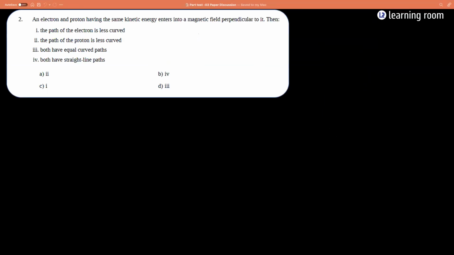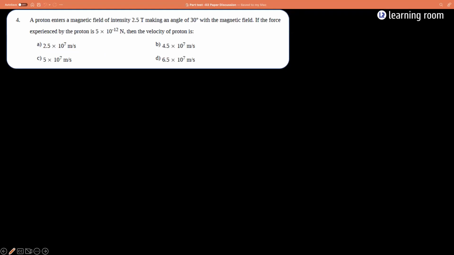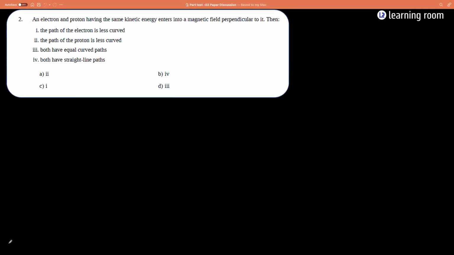Next. Electron and proton have the same kinetic energy and enter into a magnetic field perpendicularly. Then the path of the electron is... So R is equal to what? With the same kinetic energy, I already gave you the formula. R is equal to root of 2m into K divided by q into B. They enter with the same kinetic energy, so what is it directly proportional to?